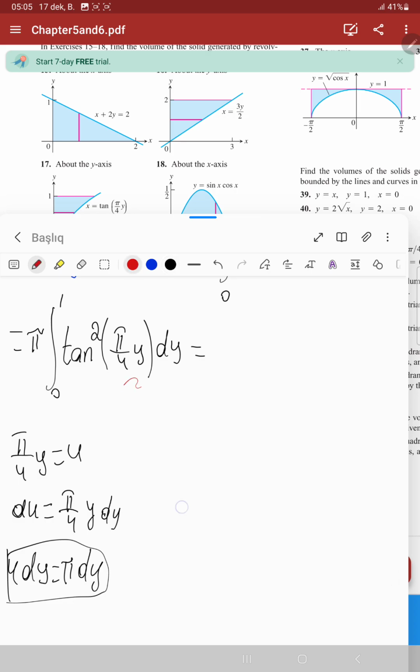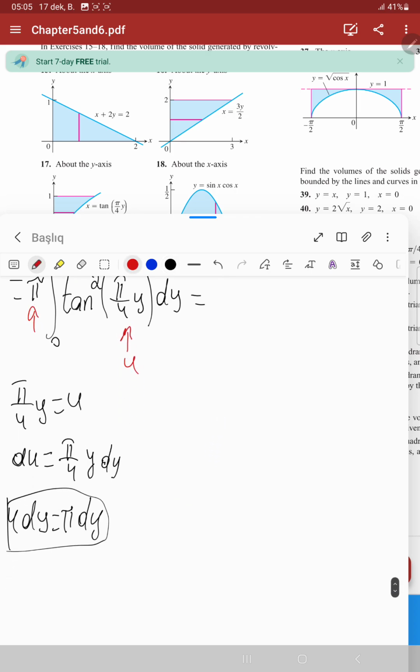It means we'll write here u, and instead of pi we'll write 4. By the way, this is for du, not dy.